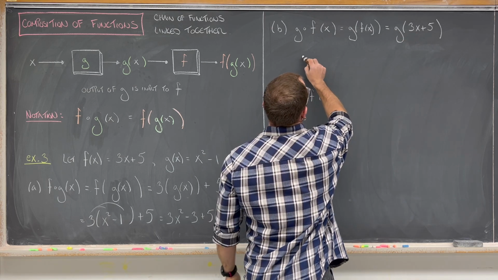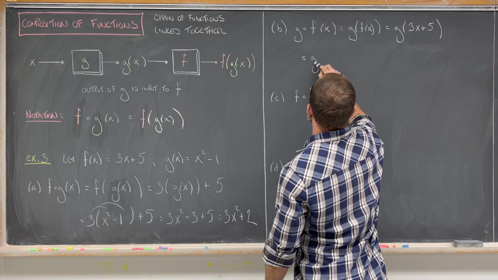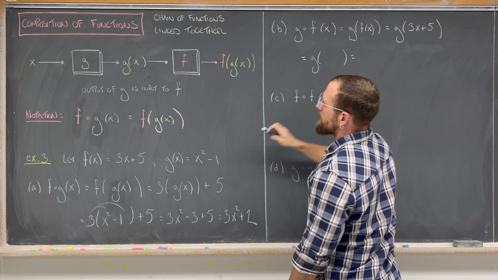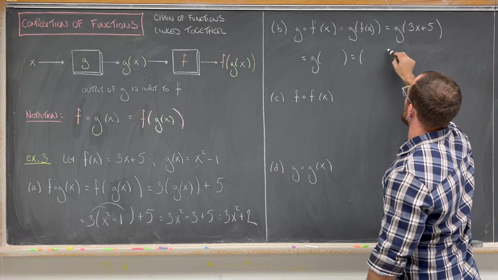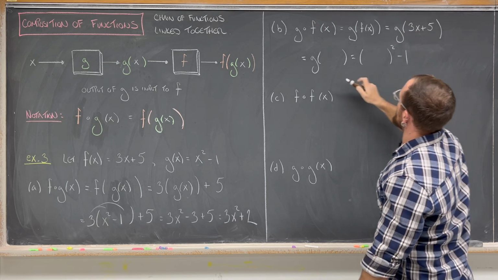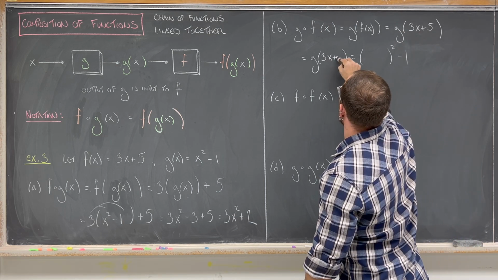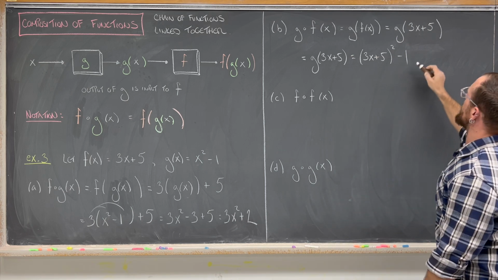Well, this is g of something, correct? And g of whatever it is, g is the input squared minus 1. So we're going to get the input squared minus 1. What's going into g is 3x plus 5. So we have 3x plus 5 squared minus 1.